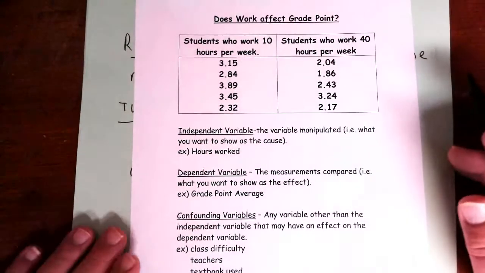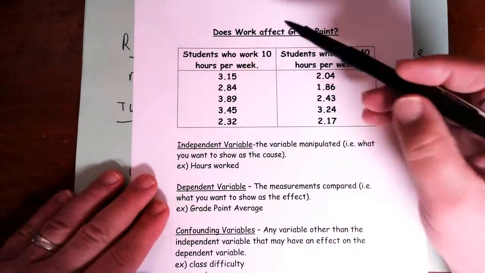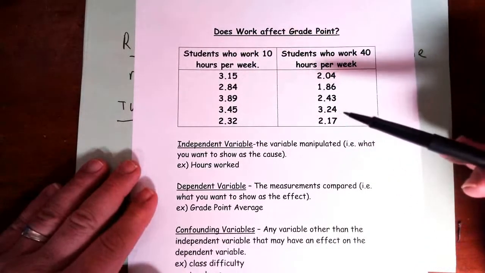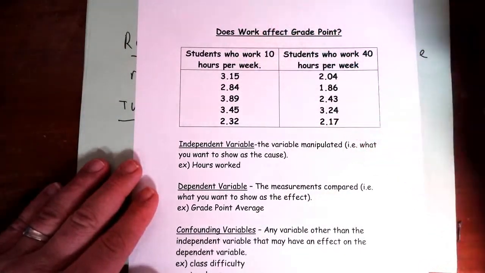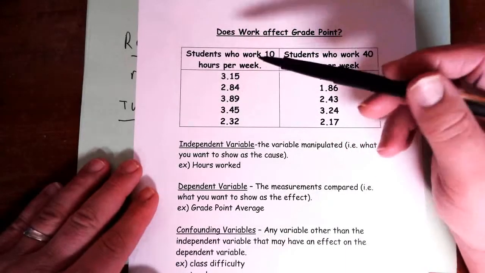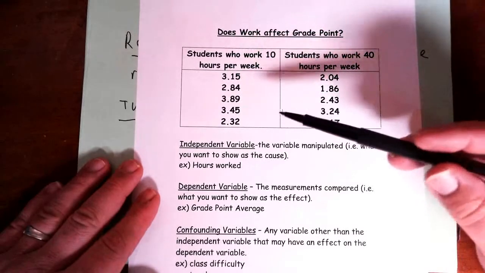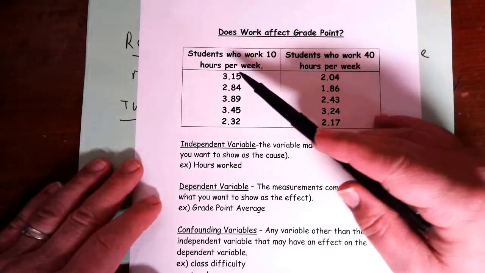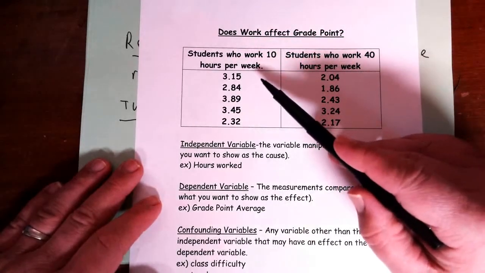So in order to get evidence that, yes, there is a cause and effect relationship, what they need to do is set up an experiment where there's 2 treatment groups, and they're going to randomly divide it. So in this case, they take a sample of 10 college students, and they randomly divide those college students between the 2 groups. And in one group, these are going to be students who work 10 hours per week, let's say.